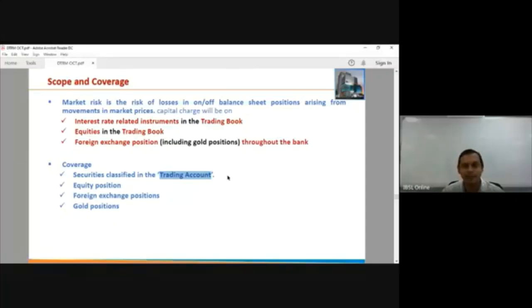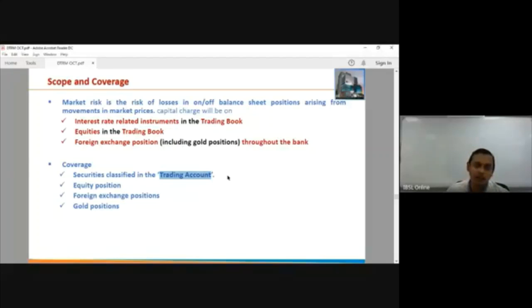You can make a request to transfer from HTM to trading or trading to HTM, but you can't do it on your own decision. You have to write to the central bank and get the central bank approval for transferring investments after your initial decision.